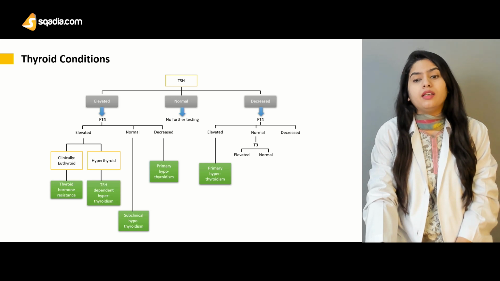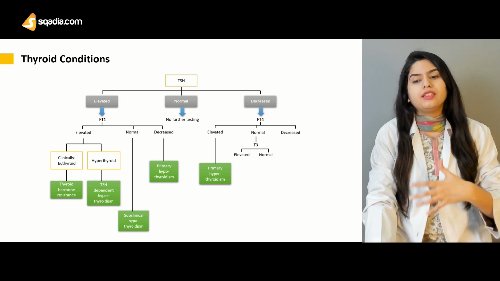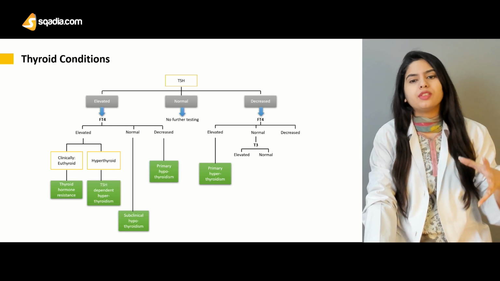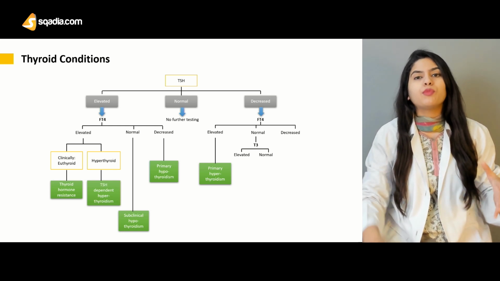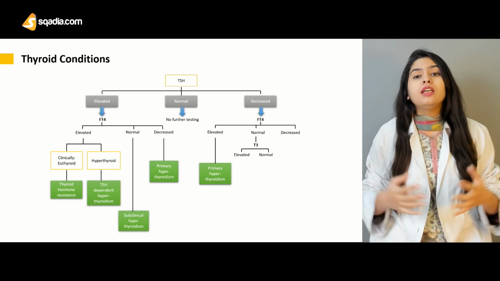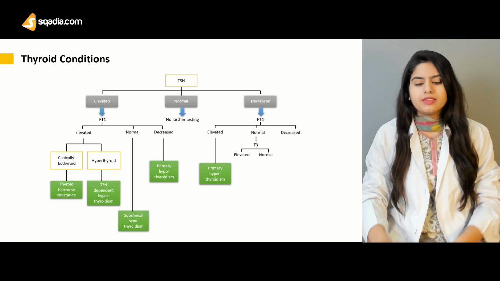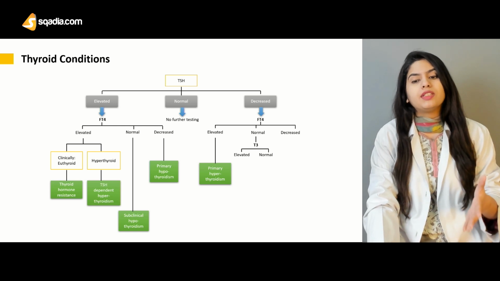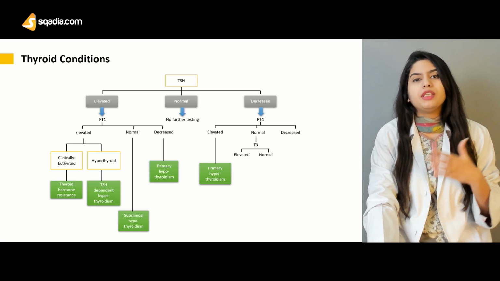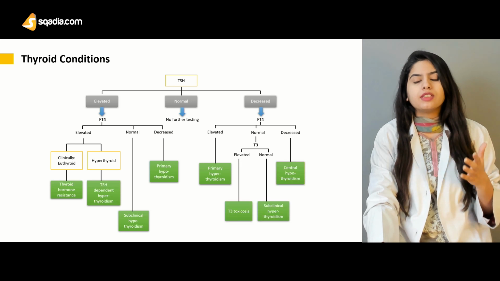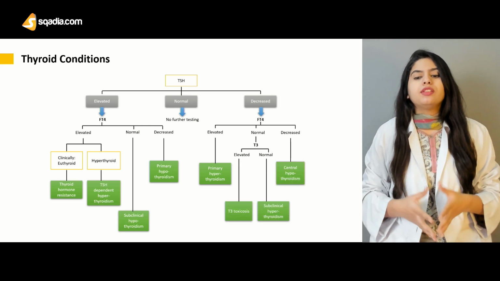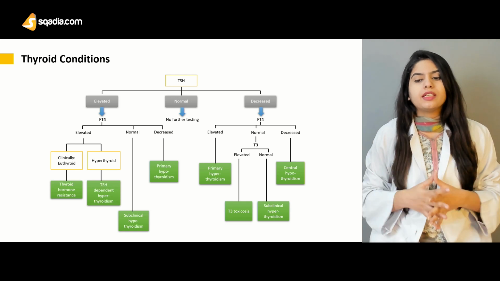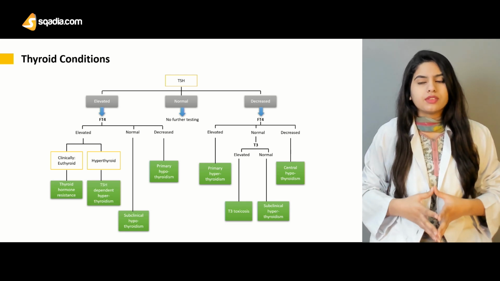That means there is an increase in the production of the thyroid hormone that has suppressed the production of the thyroid stimulating hormone, but still the level of the thyroid hormone in the blood is high. Then in case of normal levels, the T3 level is checked. That can be normal or elevated. In case it is elevated, there can be T3 toxicosis, and in case it is normal, then there can be subclinical hyperthyroidism.